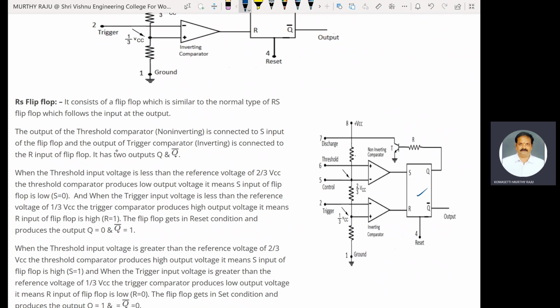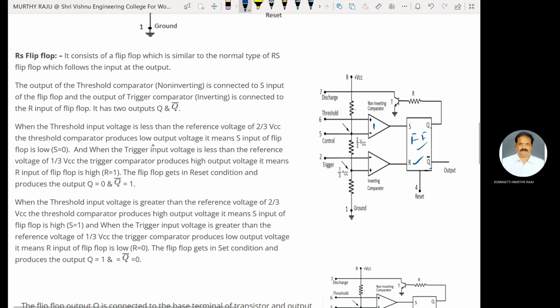The output of the threshold comparator, comparator 1, is connected to the S input of the flip-flop, and the output of the trigger comparator, the inverting comparator, is connected to the R input. It has two outputs, Q and Q dash.